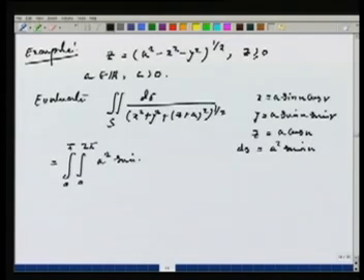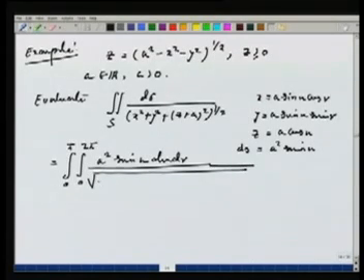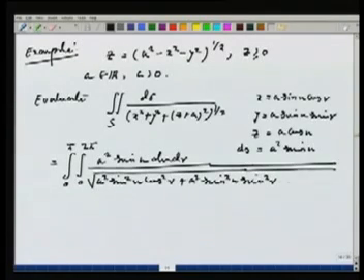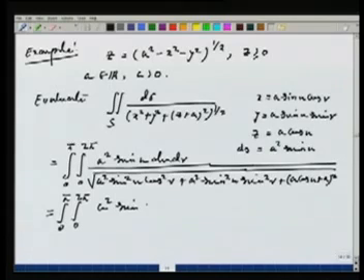I get a square sine u du dv, that divided by square root of a square sine square u cos square v plus a square sine square u sine square v plus (a cos u plus a) whole square. That is 0 to pi, from 0 to 2 pi a square sine u du dv, that remains.